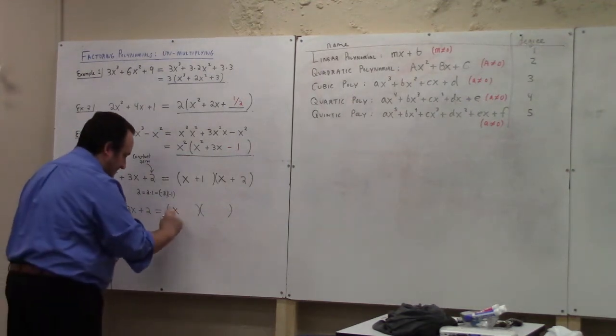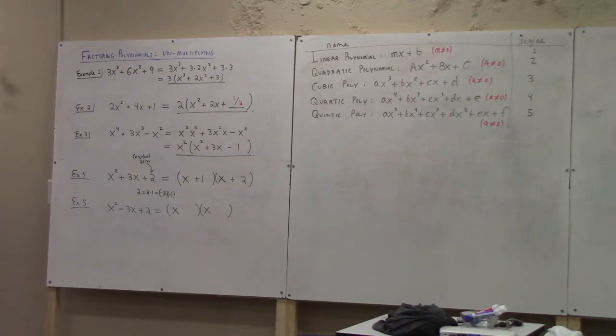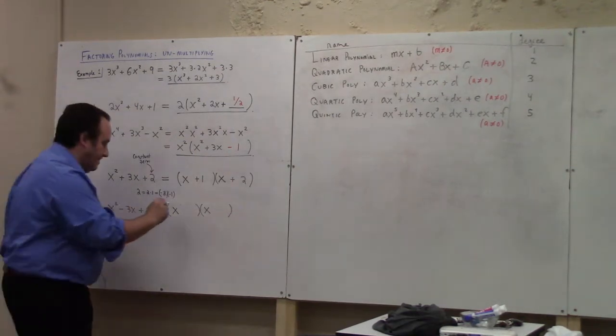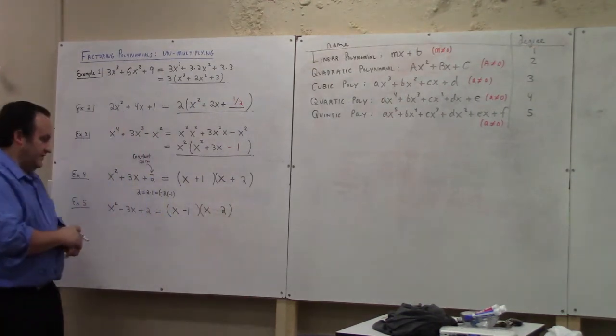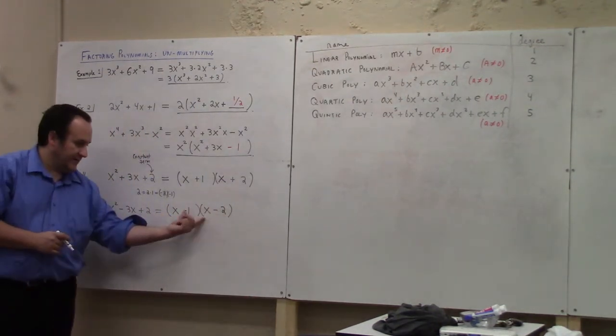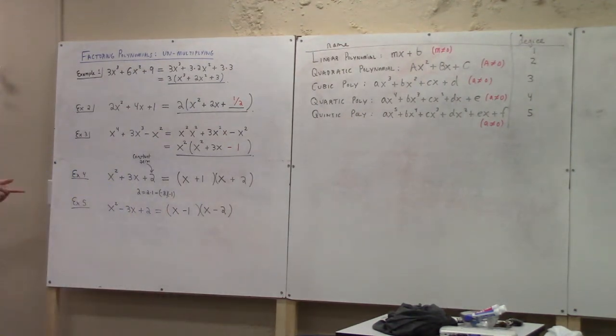X. So this one, if we try minus 1, right? And we do minus 2 over here, it should work, because if we multiply this back out, we get a minus x and a minus 2x, which gives me a net of minus 3x, which is what we have on the left-hand side.